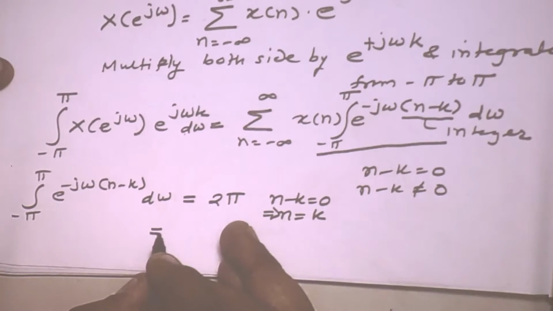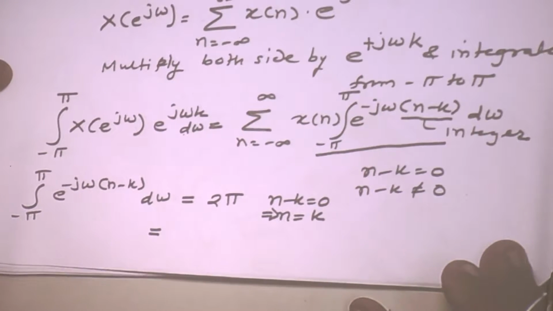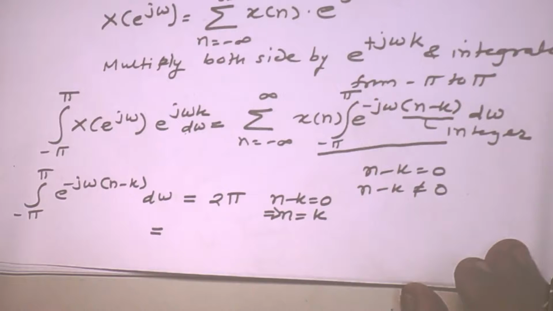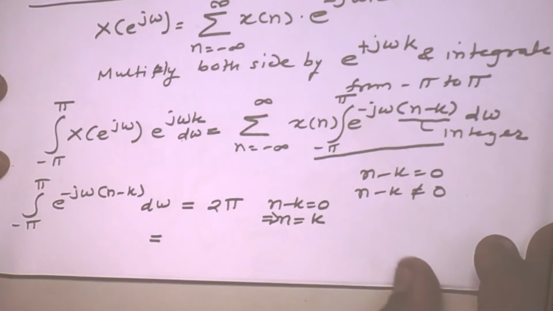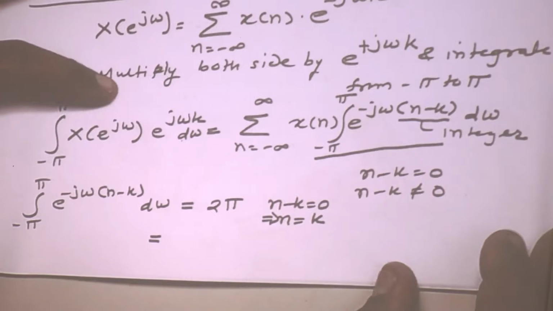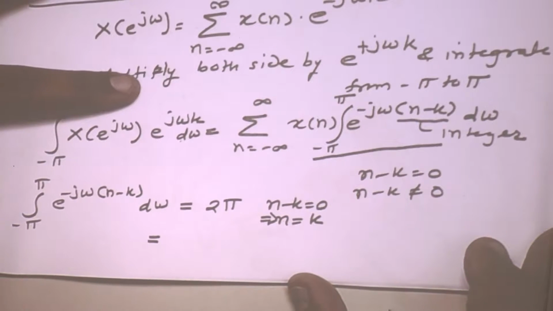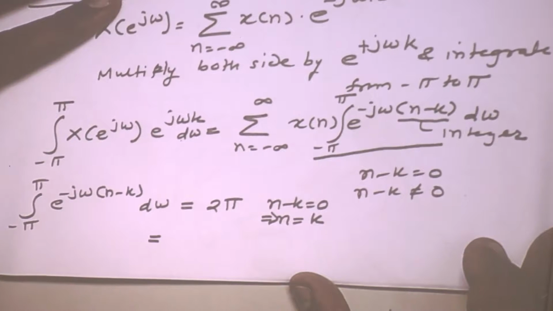What is it going to be for n minus k not equal to 0? This is an important question. When n minus k is non-zero, so what is e to the power minus j omega? Find out that. Take some non-zero value of n minus k, say n minus k equal to 1.